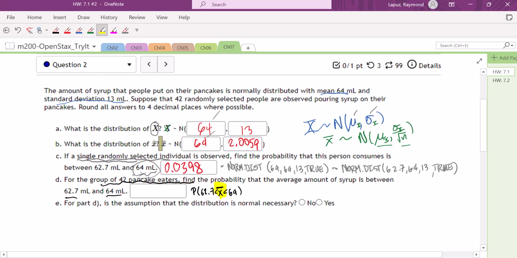So this is where we invoke the central limit theorem, and we'll have the same mean, but we'll have a different standard deviation to put in. Okay, so in general, our command will be almost the same.